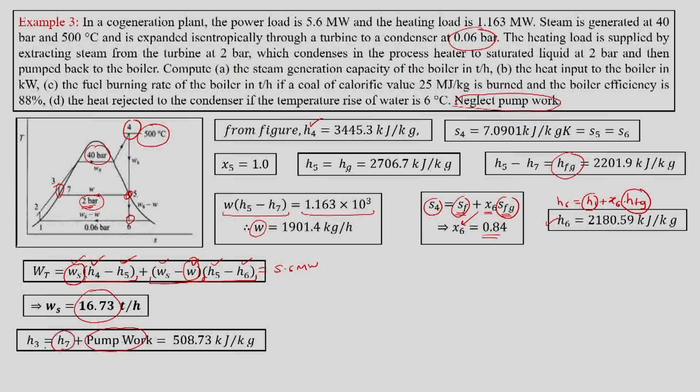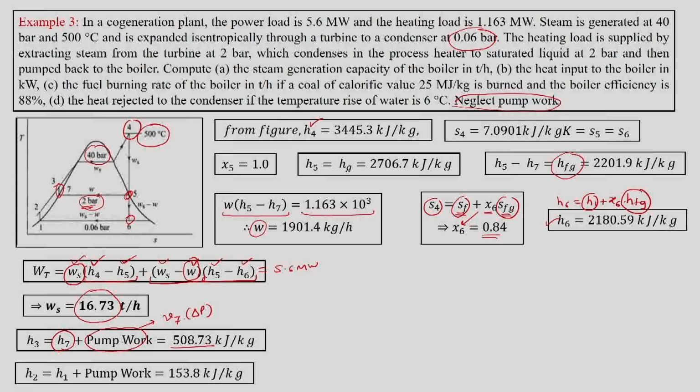We know H7 is the liquid saturation enthalpy at state 7, and then plus pump work, and pump work is V7 into delta P, where this delta P is pressure 40 bar minus 2 bar. Then we can get H3. We could as well, if at all, consider pump work. Here we can consider it as V1 into delta P, where delta P is the pressure difference between 0.06 bar and 40 bar. So, we know now H3 and H2 both.